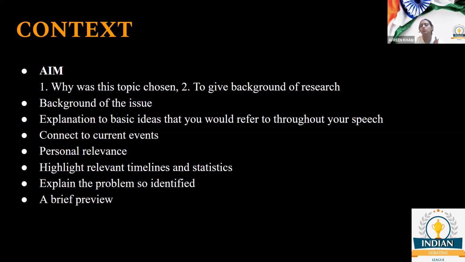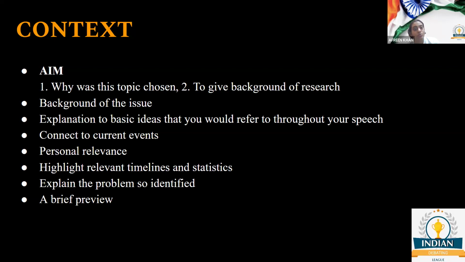The next thing is to actually give background of the research. What background of the research means is, let's say my topic is again bad conditions of prison, the context of it could simply be the growing custodial deaths in India. Custodial deaths is whenever prisoners actually die in custody.